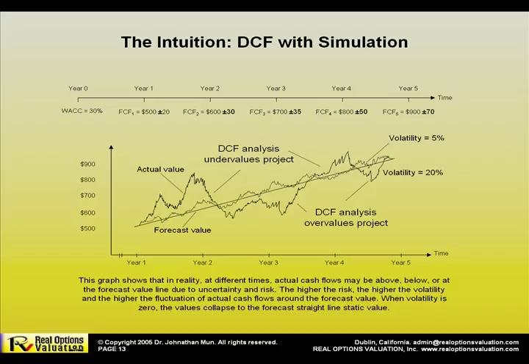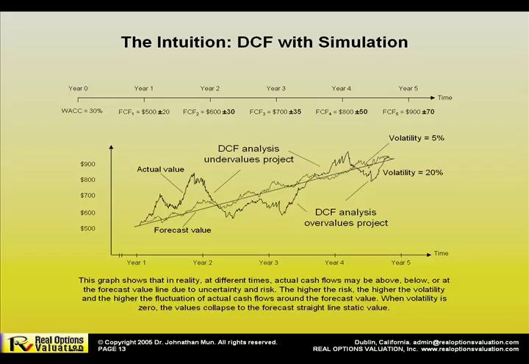This is more reality, if you will. The higher the volatility, in this case 20% versus 5%, the higher the risk, the higher the uncertainty. So we can capture and model these uncertainties using Monte Carlo simulation, which is in step 4 in the process.